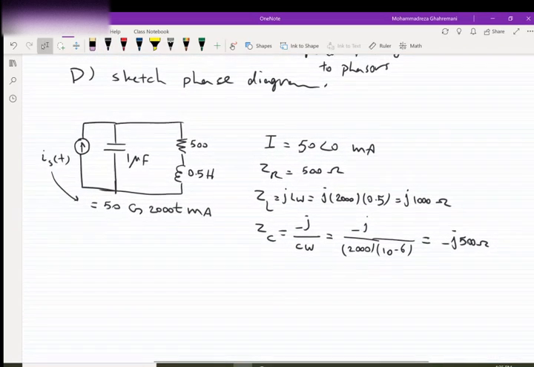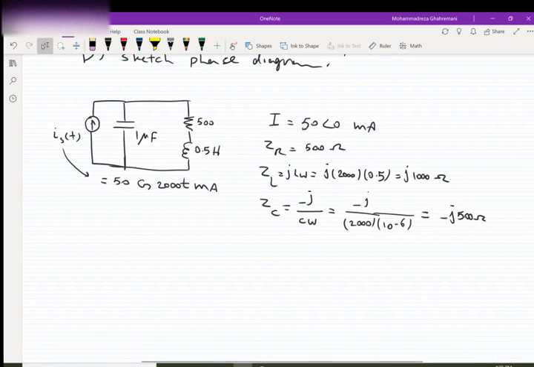And now that we have these values, let's draw the circuit with the phasors.